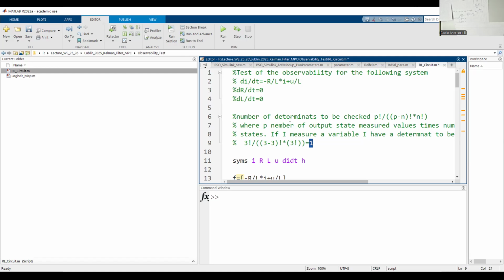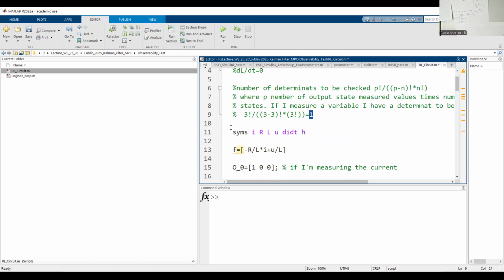I show you a little bit in the slide here, but let me do the calculations. This command here states basically that after this command, all elements which I am writing here are symbolic variables.